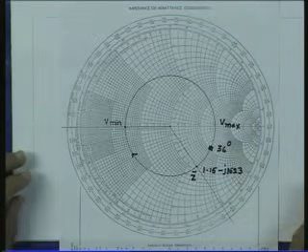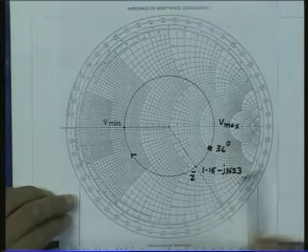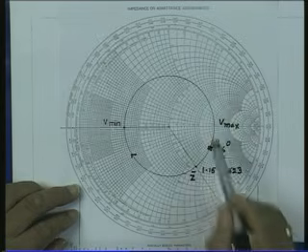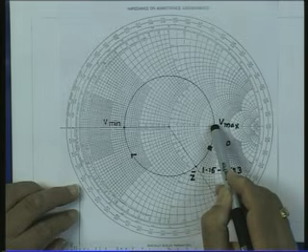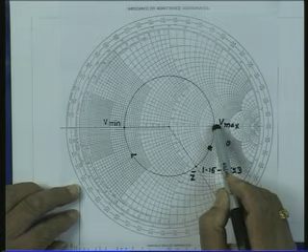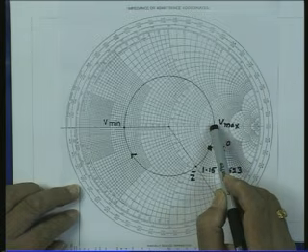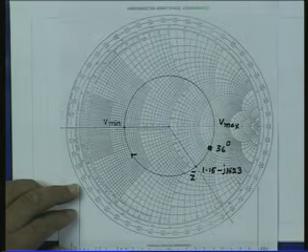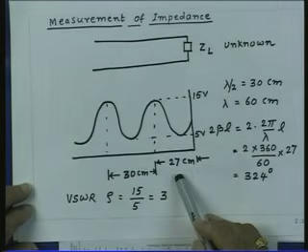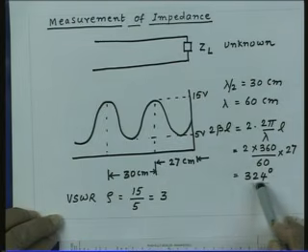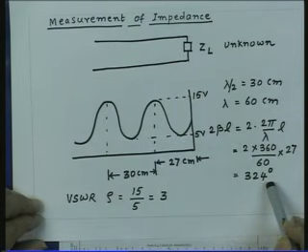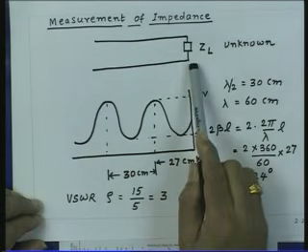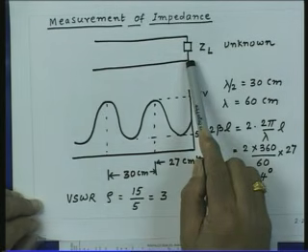Since we know the location of the voltage maximum in our problem, now if I move from this voltage maximum point away from the generator by a distance of 27 centimeters, that is 324 degrees, then I must reach the load point.